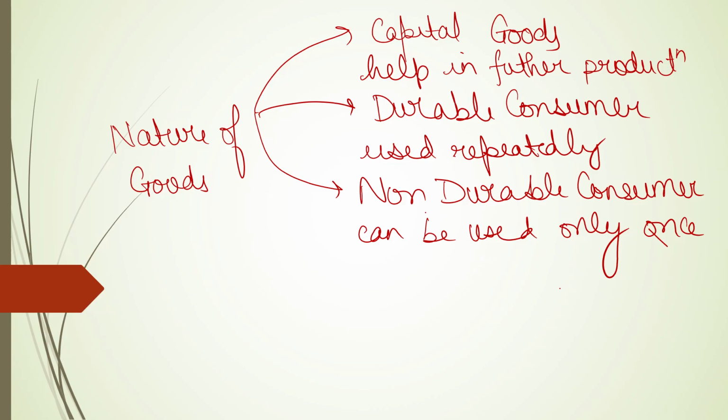So durable goods can be used again and again, like a plastic polythene that we keep on using. That is basically a durable good. And a paper cup, which we usually throw after using it once, is a non-durable good.